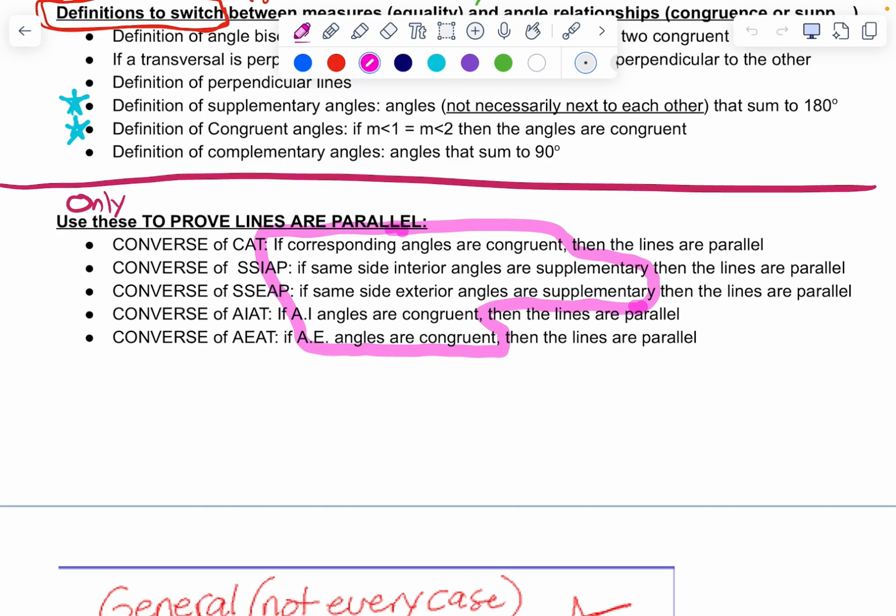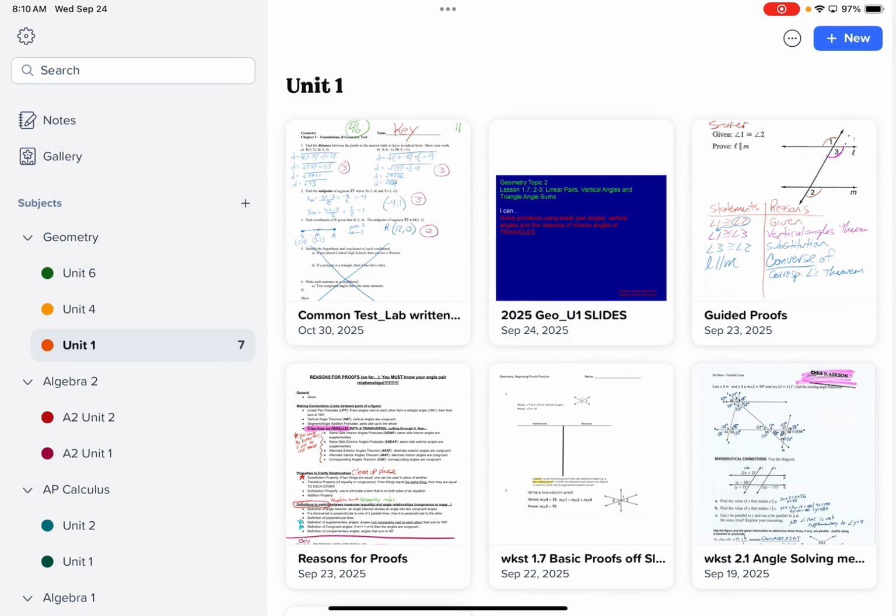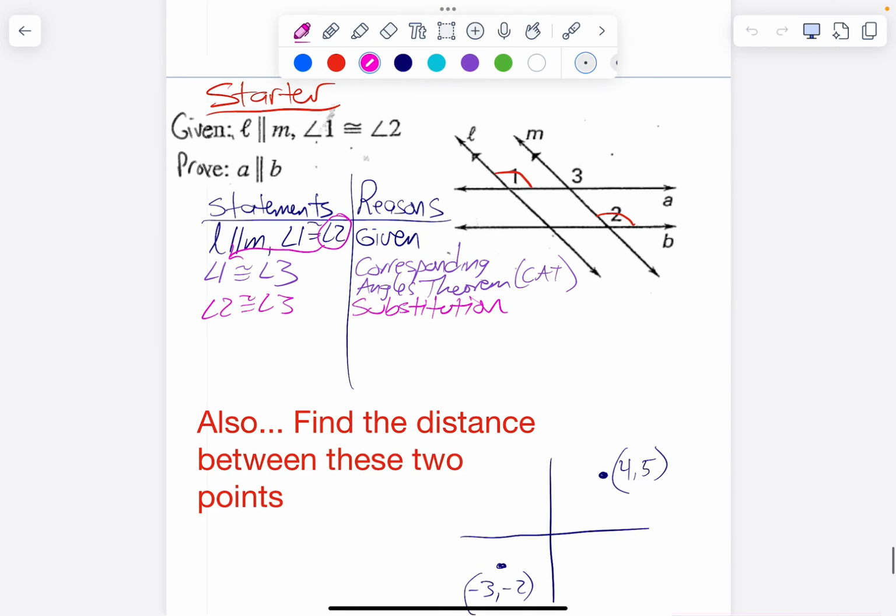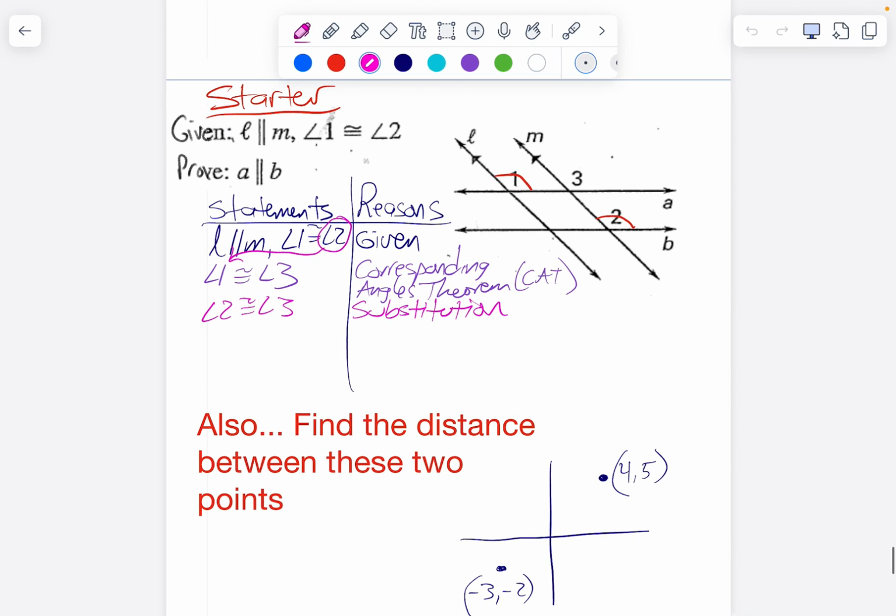And so we just did this first one. We proved that corresponding angles are congruent by substitution. So it was that backdoor idea. And so we can use converse of CAT just like Parker said. So A parallel to B by converse of CAT.